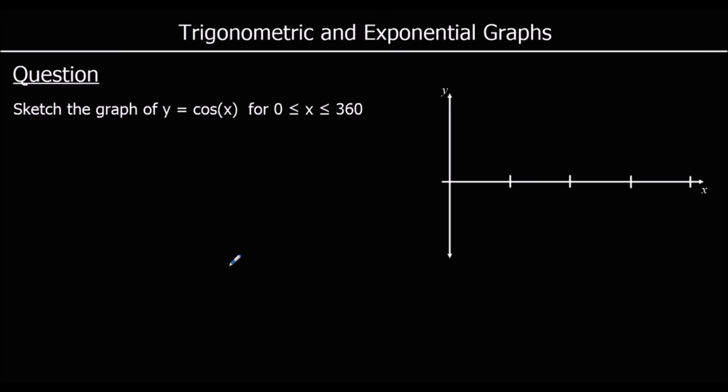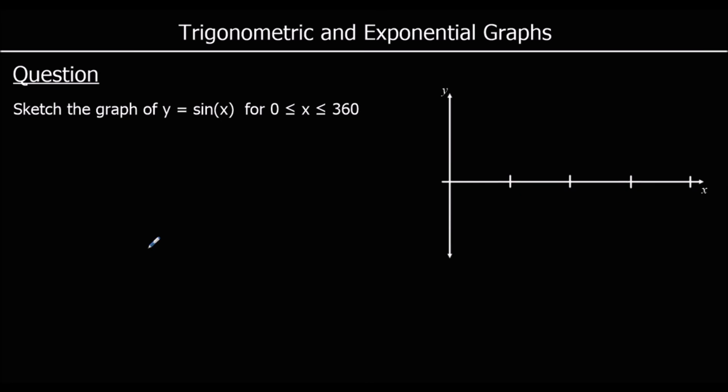So cos started at 1, went through 90, 0, was at 180, minus 1, 270, 0, and back up to 360, 1. So it's just a nice wave shape. And that is our graph of cos x.